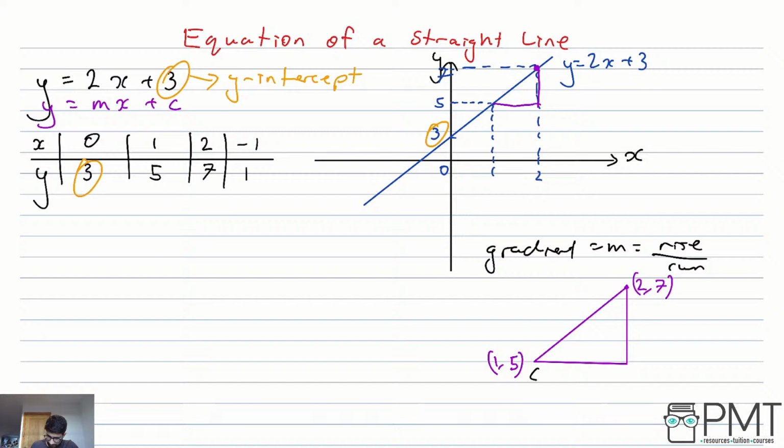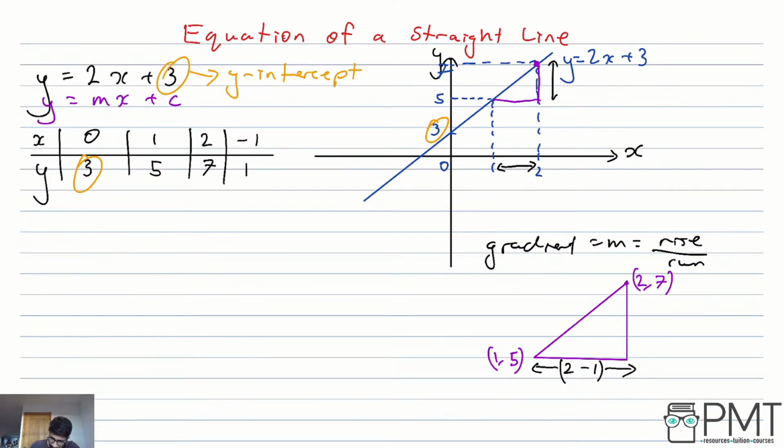If you look at the x coordinates, this is going to be 2 minus 1, that length, because this is the same as this length, so I took 1 away from 2. That's going to be a length of 1. And then if you want to find this, you can see 7 and 5. So this is going to be 7 minus 5.